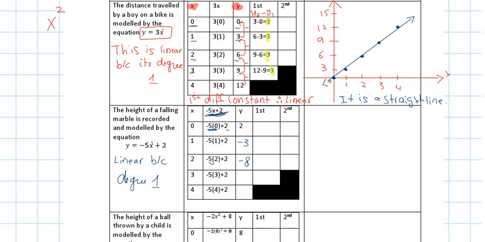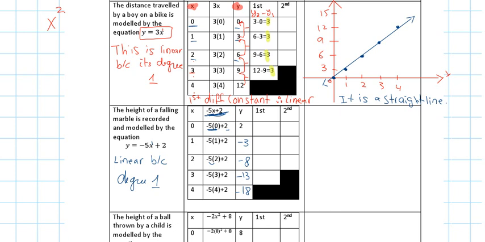Do you understand what's going on here? Negative 5 times 3. So that's negative 15. Add 2. Negative 13. Negative 5 times 4 is negative 20. Add 2 is negative 18. So I filled my table.